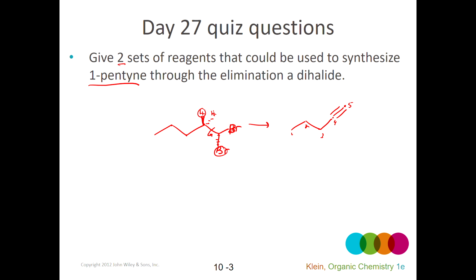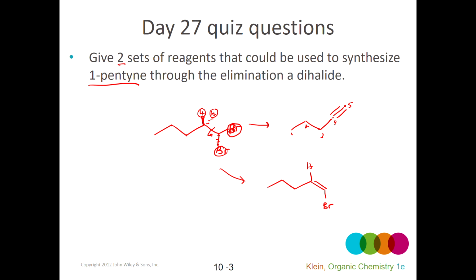And then if the other hydrogen still ends up anti-periplanar to the other bromine, once the alkene's formed, it can no longer rotate. But after the alkene forms, as long as the remaining bromine is anti to the remaining hydrogen, the second elimination can occur and you get the alkyne.